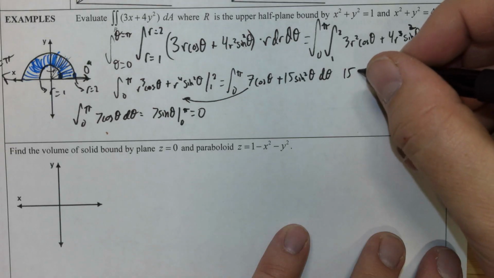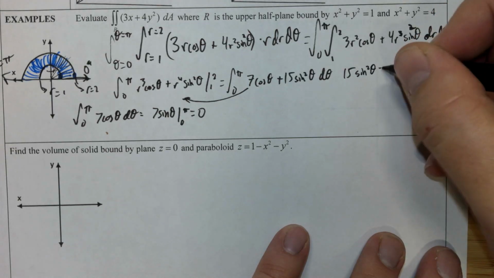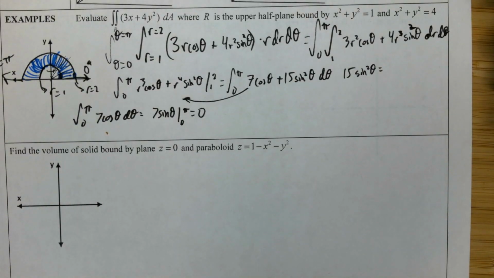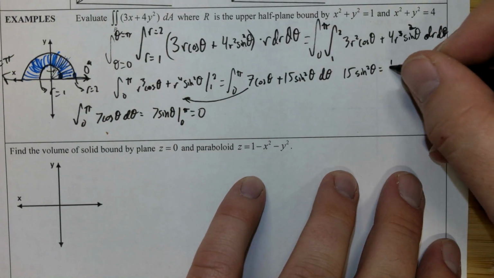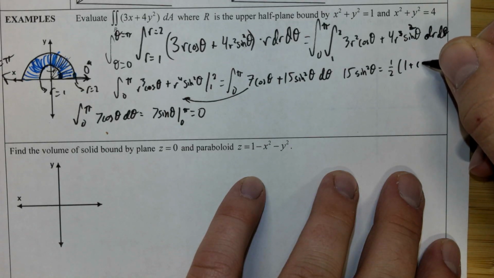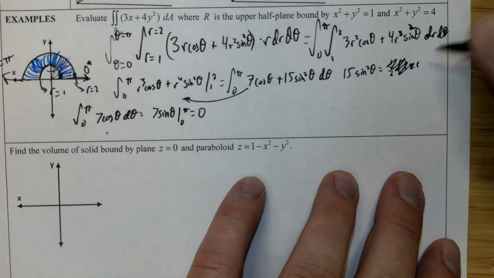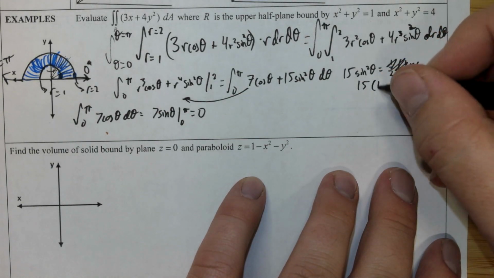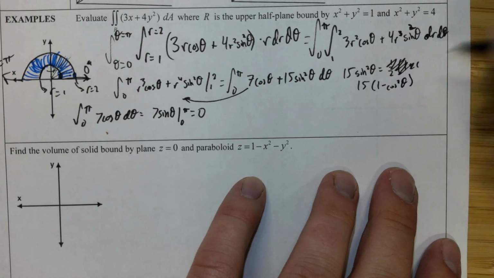But the other side, not lame and not easy. I'm going to use that all-powerful, all-wonderful substitution. Oh, I'm getting ahead of myself. What am I doing? 15 sine squared theta.